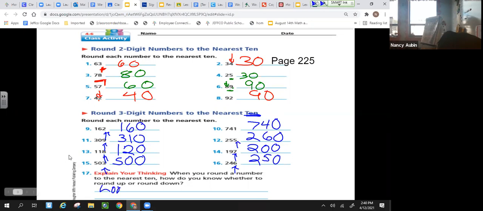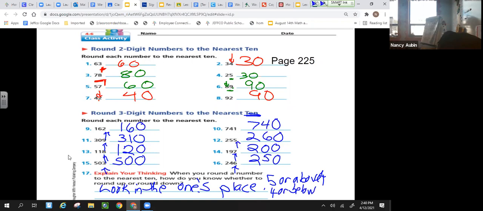Okay, write it down, everybody. Look in the ones place. And then if it's a 5 or above, then you would round up. 5 or above, draw an arrow up. 4 or below, draw your arrow down.